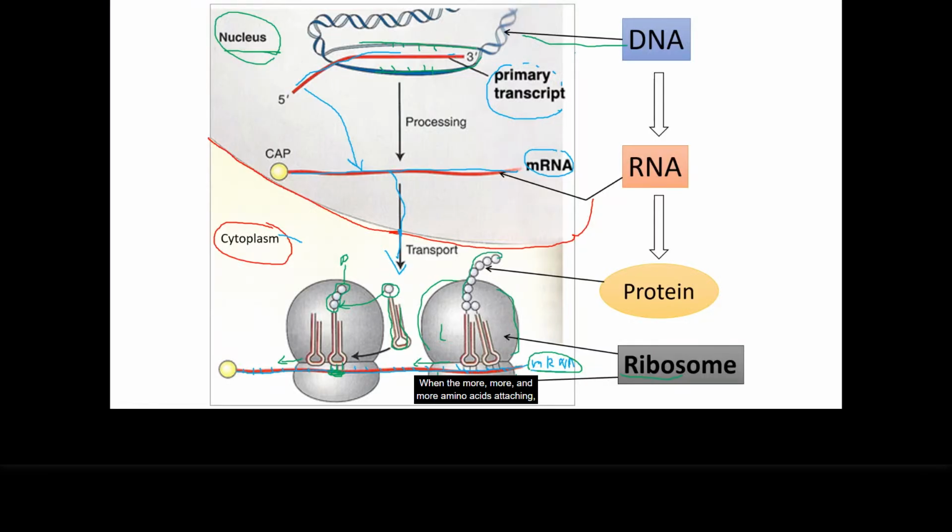When more and more amino acids attach, this is what will be protein later on. So this is how protein production happens. From DNA, information will be created in the form of messenger RNA, then it will leave, and ribosomes will read this information in the form of the nucleotide sequence in the mRNA, and based on this they will help to synthesize protein, here a chain of amino acids.